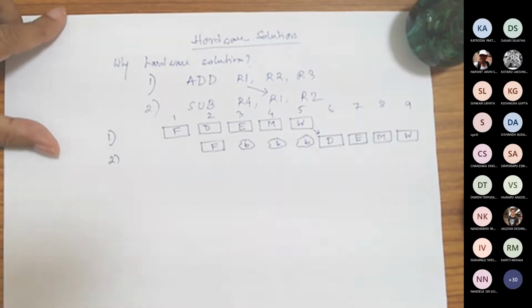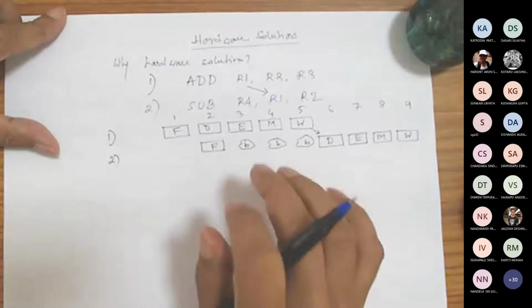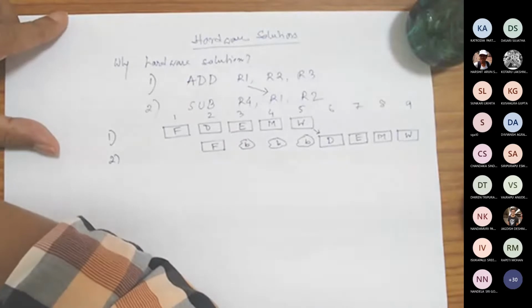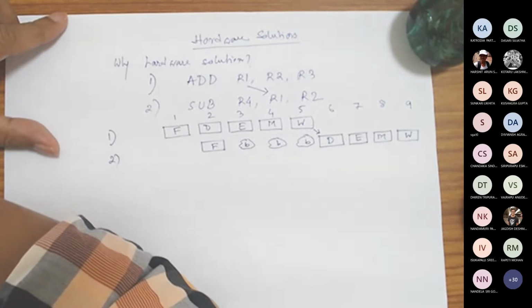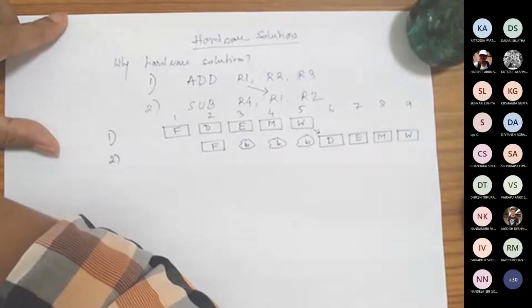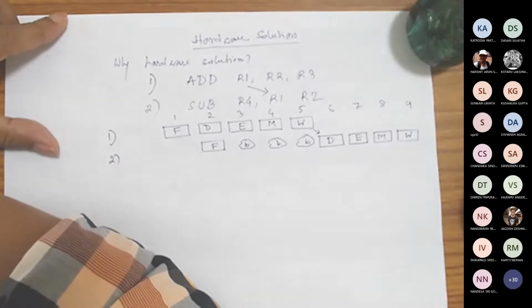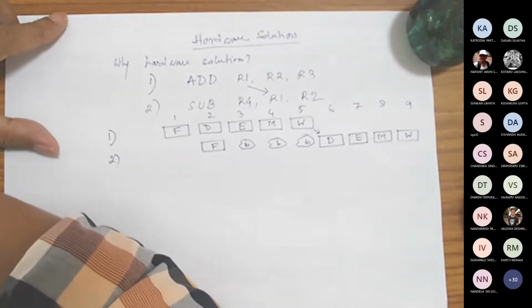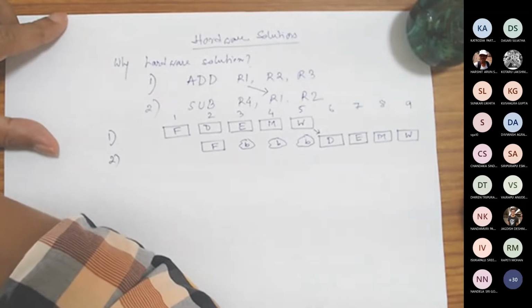In the actual real pipeline, when does instruction 2 need the value of R1? Decode and execute. Decode. Yeah, at what clock cycle? T3.